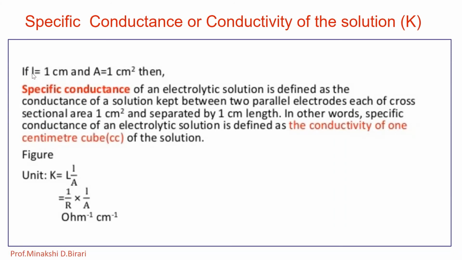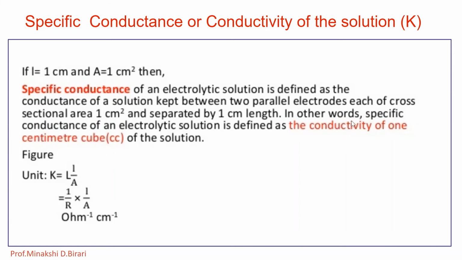If we take L equal to 1 centimeter and A equal to 1 centimeter square, then the specific conductance of an electrolytic solution is defined as the conductance of a solution kept between two parallel electrodes, each of cross-sectional area 1 centimeter square and separated by 1 centimeter length.